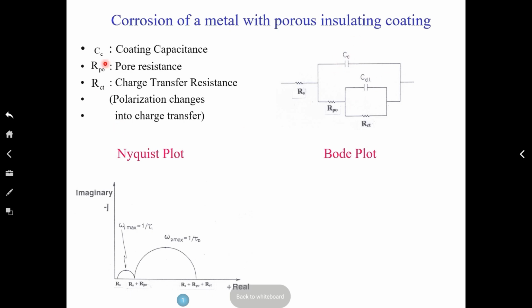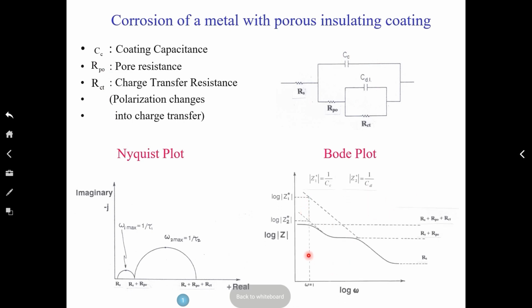And because they have physical meaning, they represent real things. If you want to get this from the Bode plot, it will look even crazier. You can see a plateau, a linear part, another plateau, a linear part, and another plateau. And these three plateaus will give you 3R: RS, RPO, the porosity, and RCT, which is corrosion.